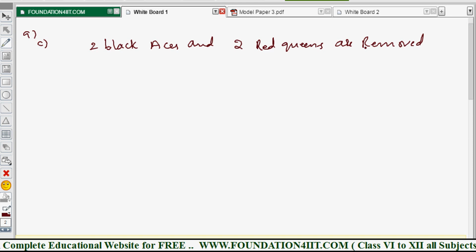So of the removing, a total of 4 are removed. Then the total number of leftover cards is the sample space.